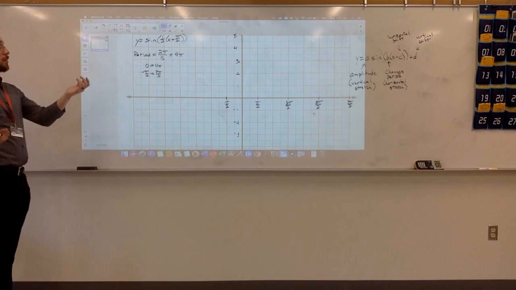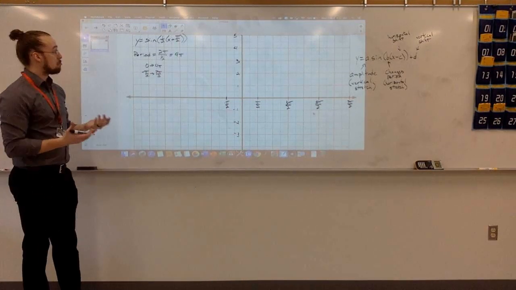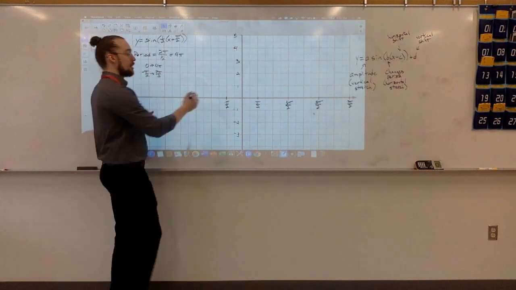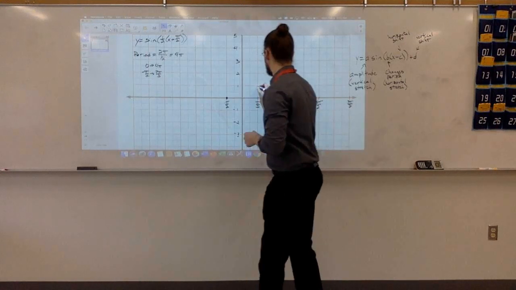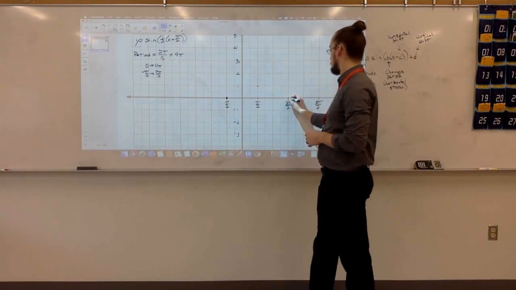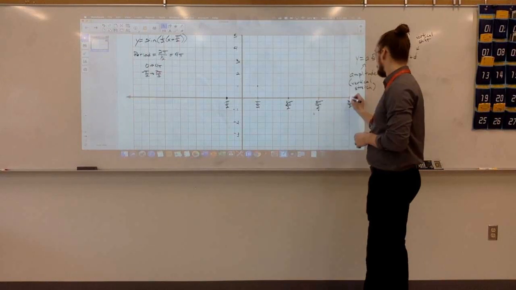So we don't have any other shifts. There's no a value, no d value. So I know that sine starts at the midline, goes up to the maximum, down to the midline, goes to the minimum, and back up to the midline.